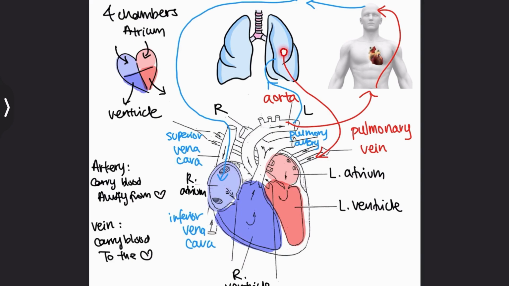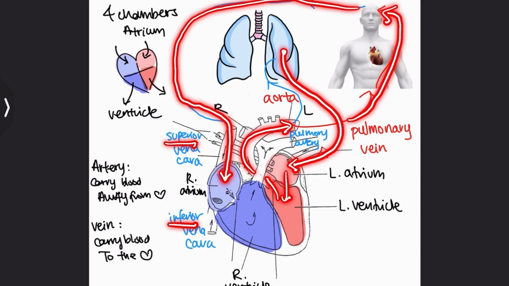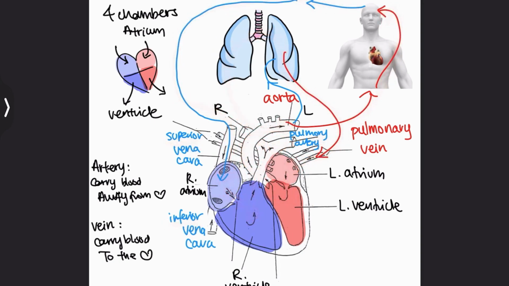Oxygenated blood from the lungs goes via the pulmonary vein into the left atrium, down into the left ventricle, out of the heart through the aorta, goes to the rest of your body, drops off the oxygen, picks up the carbon dioxide, brings that deoxygenated carbon dioxide blood back to the right heart through the superior or inferior vena cava, into the right atrium, down into the right ventricle, out of the right ventricle, through the pulmonary artery, back into the lungs to drop off that carbon dioxide and pick up oxygen and therefore start the whole cycle again.